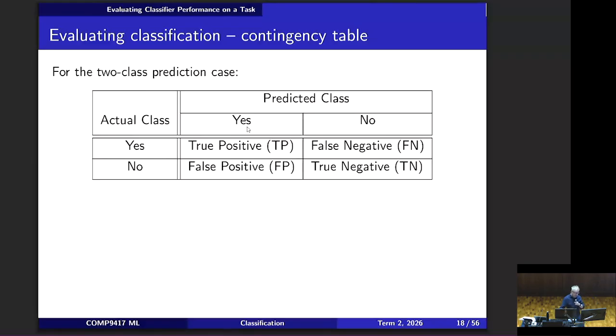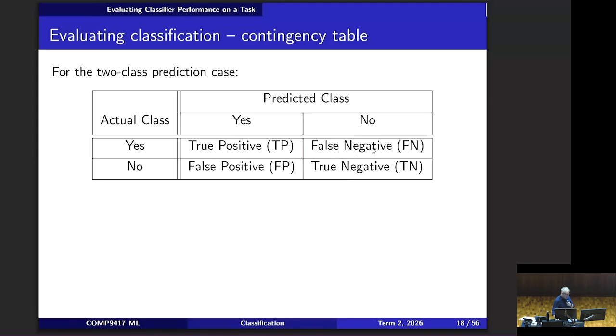So you have data that can have either of these labels, and your model needs to predict from the same set. It could be predicting yes, it could be predicting no, and obviously you want to be on this diagonal. When the class is yes, you want to be predicting yes. When the class is no, you want to be predicting no. These are called true positives and true negatives respectively.